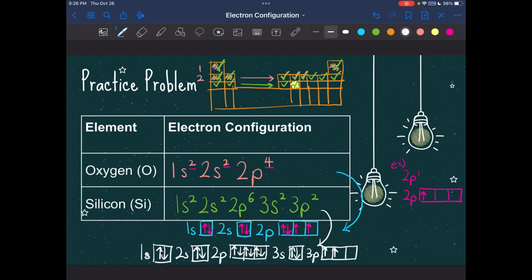Okay? So that's basically how you do electron configuration. If you understand this, awesome. If you don't, try to keep on practicing so you can understand how to do this part.